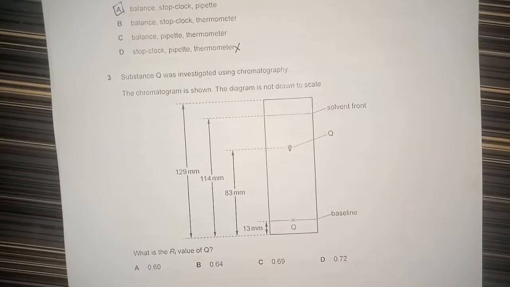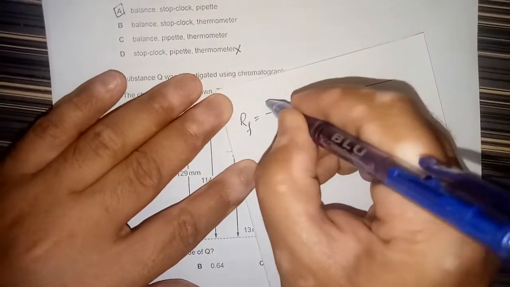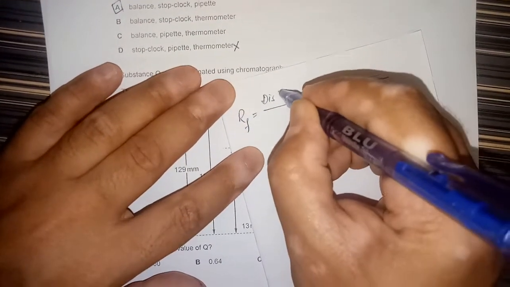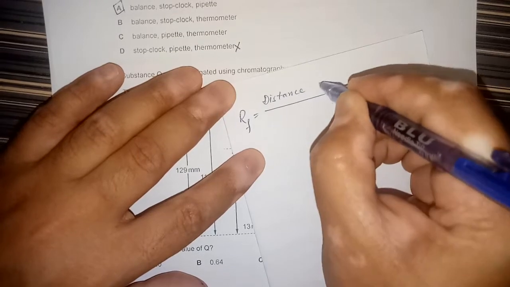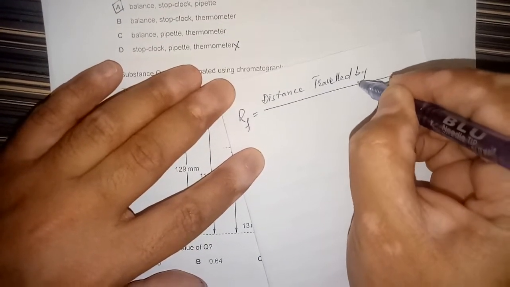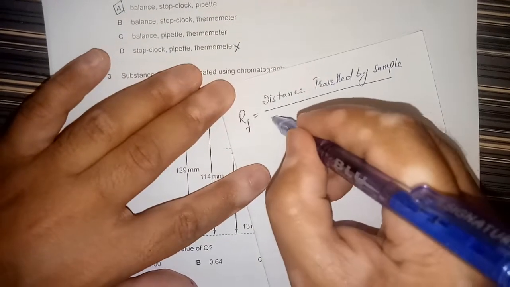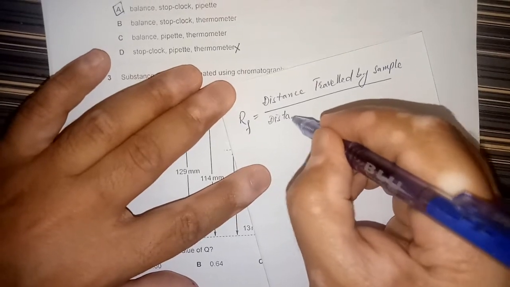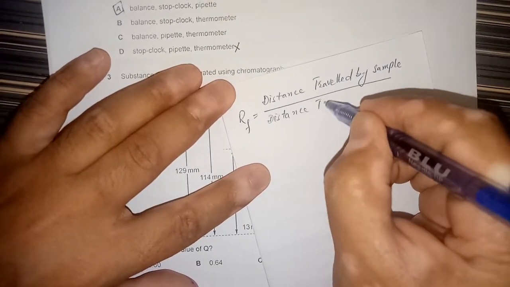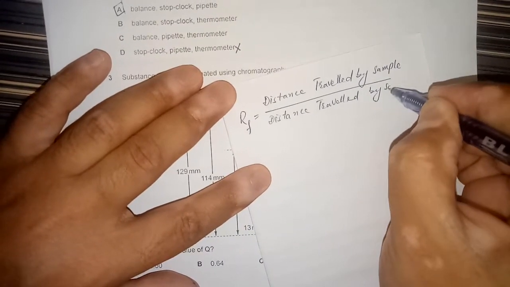I'm going to write that formula. The RF value which we are going to measure should be equal to the distance traveled by the sample dye over distance traveled by solvent.